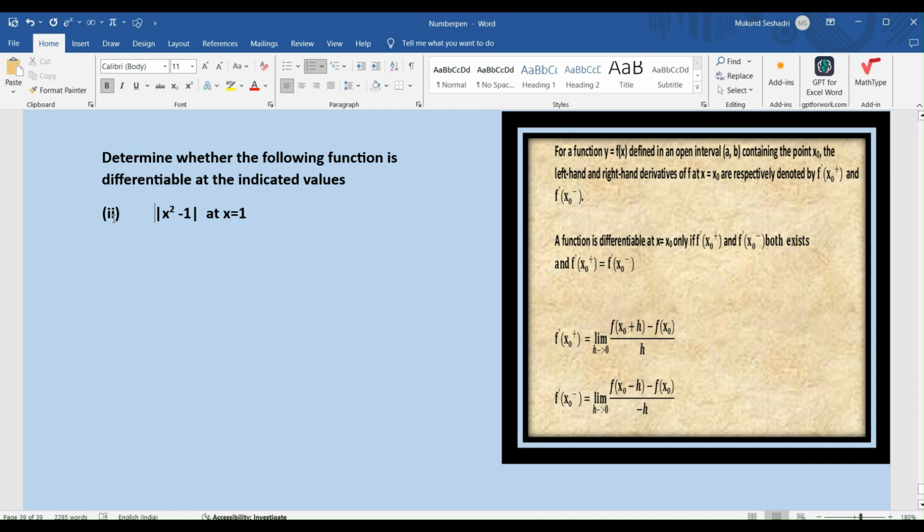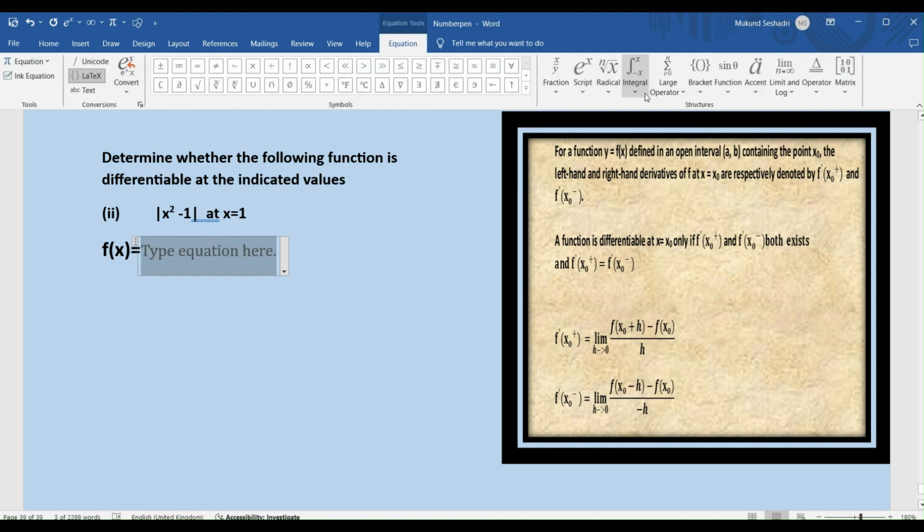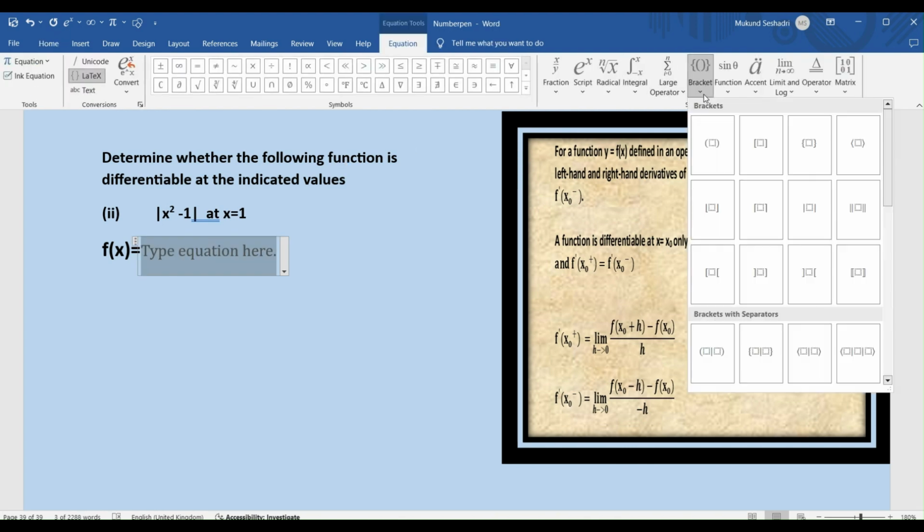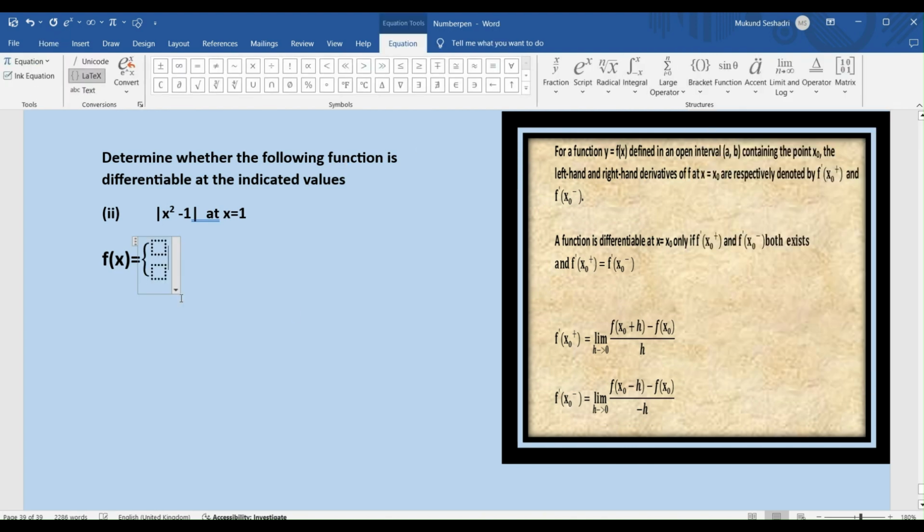And we know that my mod function is represented as, so my mod of x, if I take the basic mod function, my mod of x equals x for x greater than or equal to 0 and minus x for x lesser than 0, right?